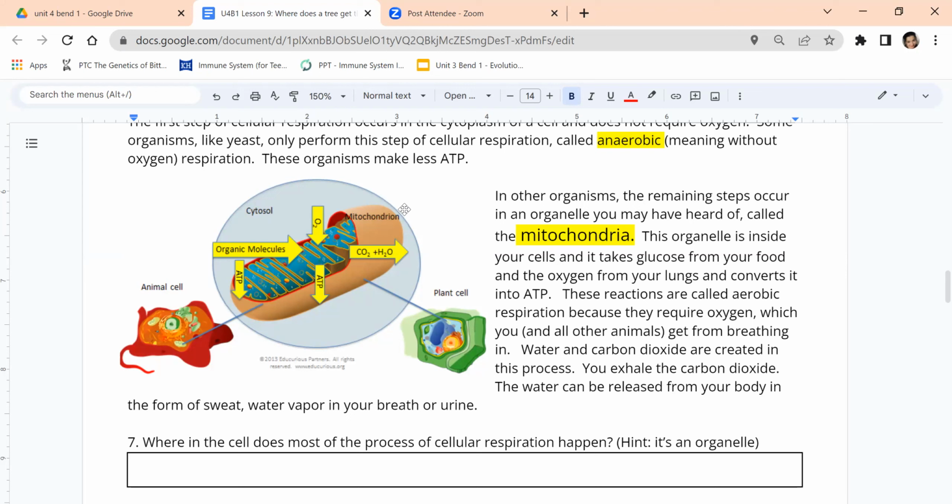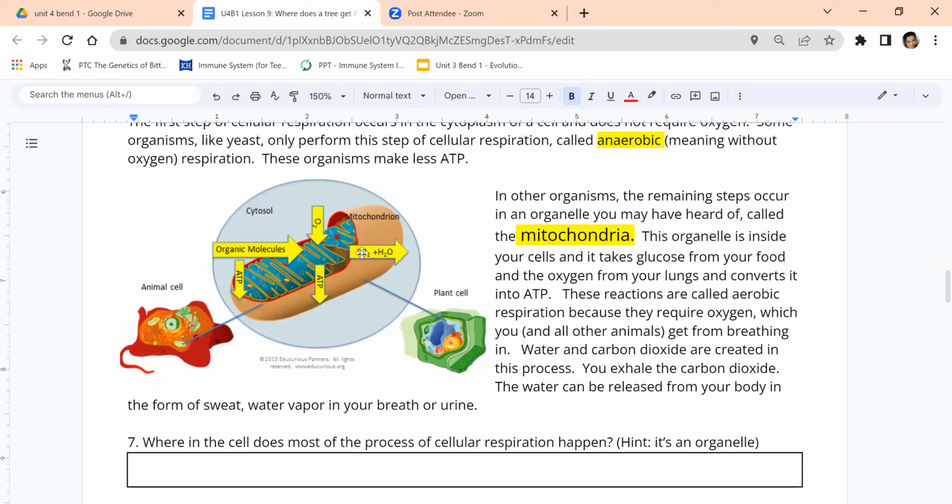And in the mitochondria, oxygen is required, okay? And ATP is produced. So the glucose comes into the mitochondria, the oxygen comes into the mitochondria, and then ATP is released. Also released is CO2, carbon dioxide, and water.